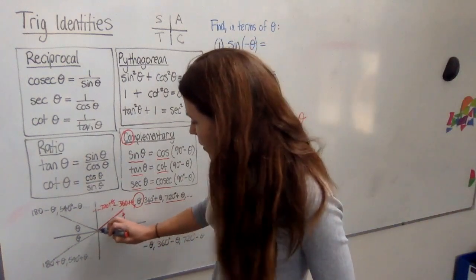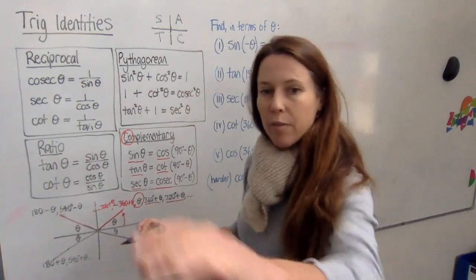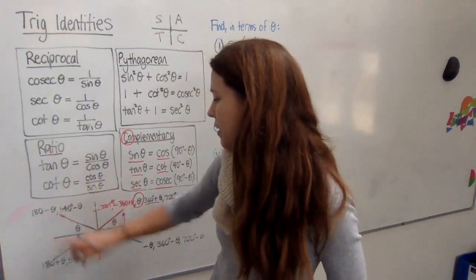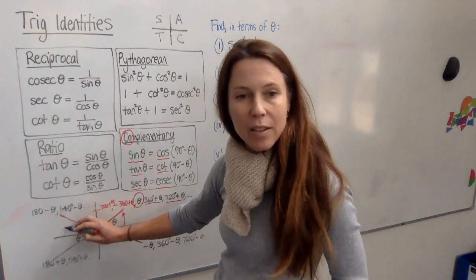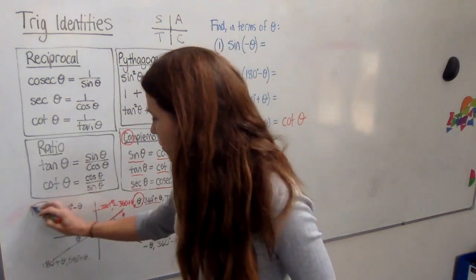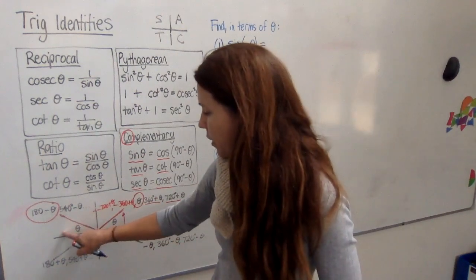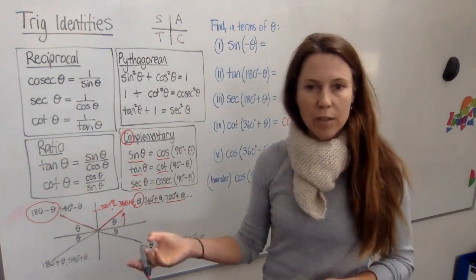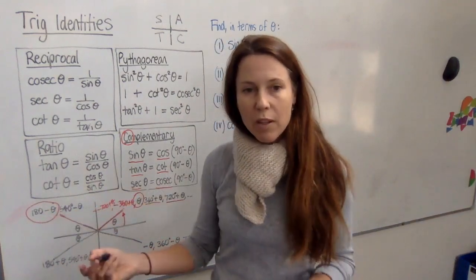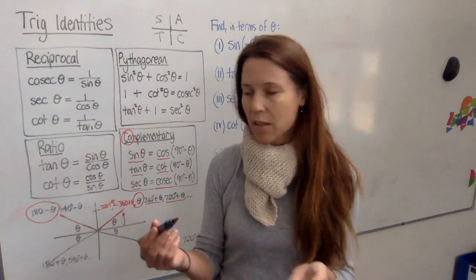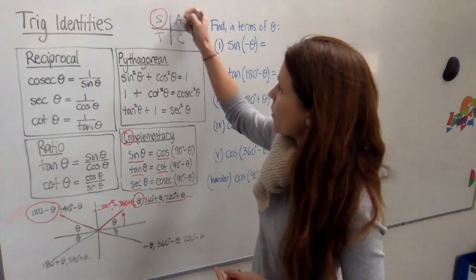All right, let's think about this ray over here. Now the most obvious name for it would be 180 minus theta, because you get there by going around to the 180 and then taking theta off, don't you? So we've got to know that that's 180 minus theta, okay? Now, when we want to find the sine or the cos or the tan or any of these other inverse ratios of 180 minus theta, what we've learned is that it's exactly the same as finding the sine, cos or tan of theta, except you've got to think about the sign.